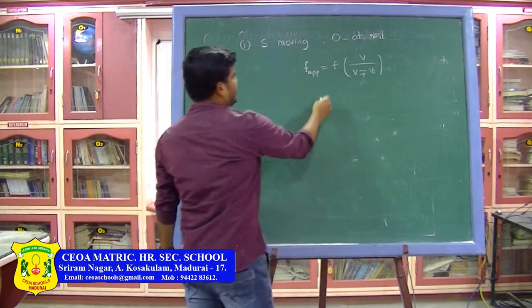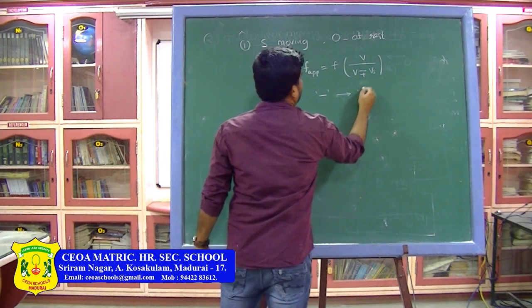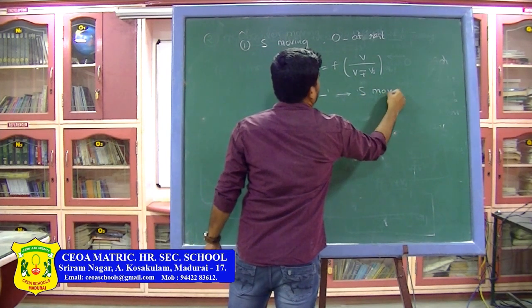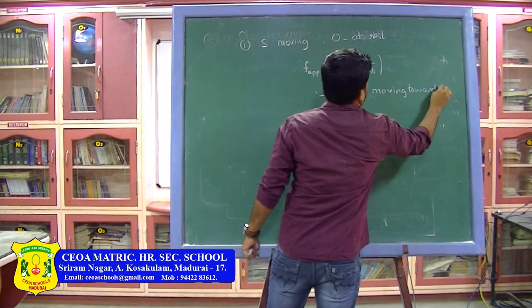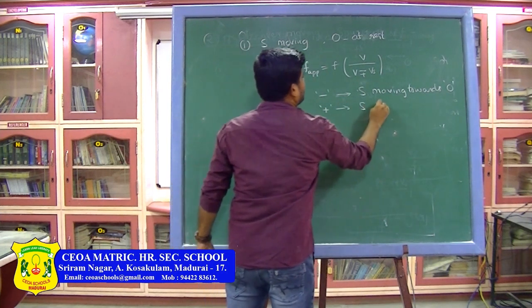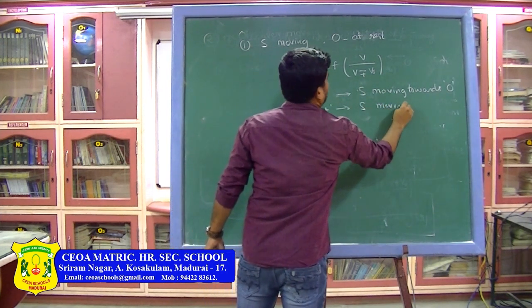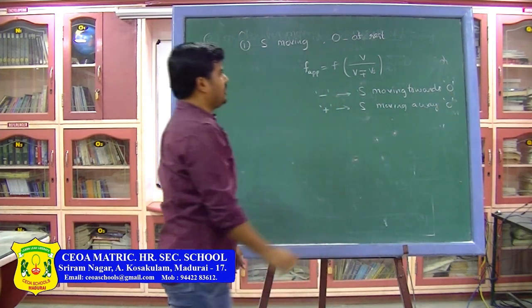You can use the minus sign when the source is moving towards the observer at rest, and take the positive sign when the source is moving away from the observer. This is the first formula.